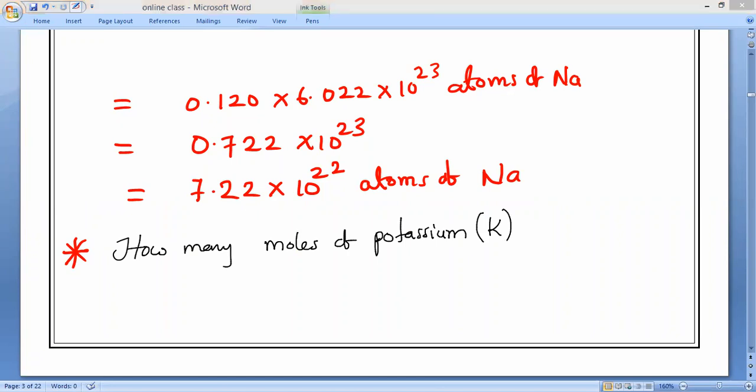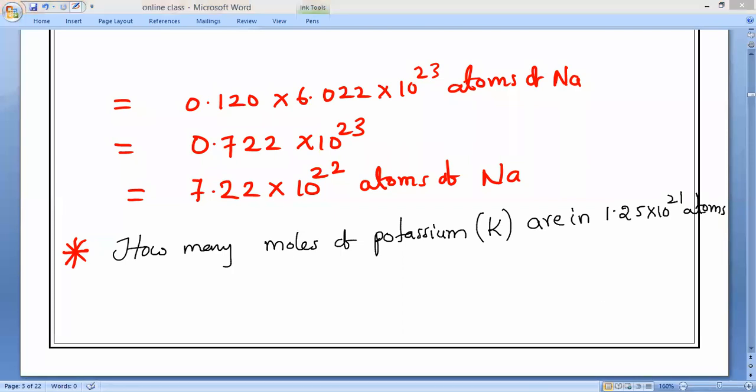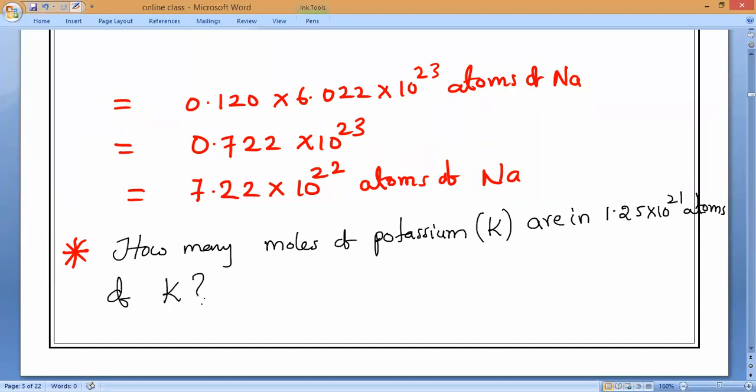K. So the question is: how many moles of potassium are in 1.25 into 10 power 21 atoms of K?